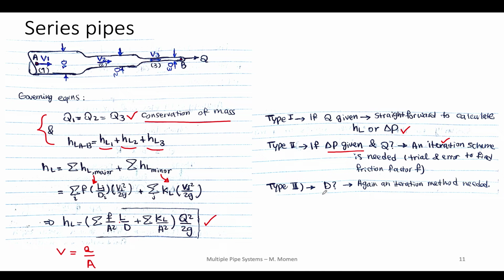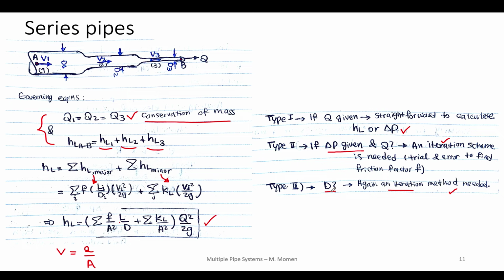Type 3 problems were the problems in which we didn't know D, the diameter of the pipe, so we need to find what the pipe diameter is. And in this type of problems, again, we need an iteration scheme.